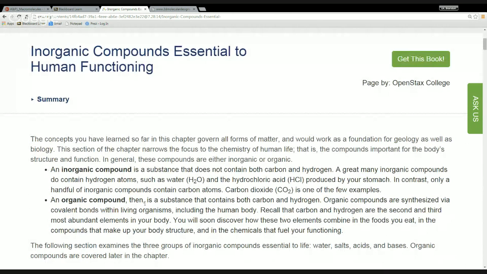And essentially, from a chemical standpoint, something's considered organic when it contains carbon. There are a few exceptions to that, but for the most part, that's what it is, because it's based on how carbon functions as an atom to make particular structures.